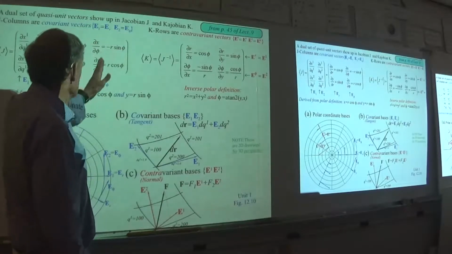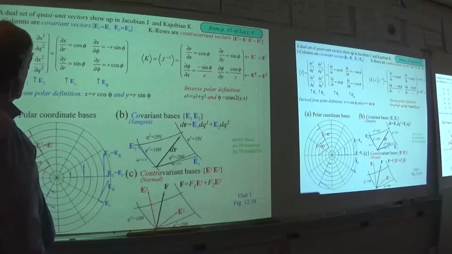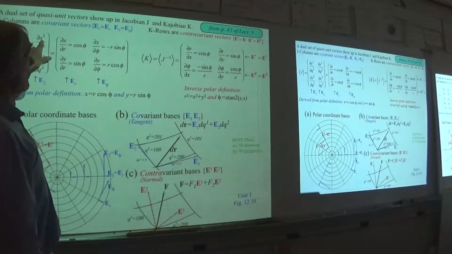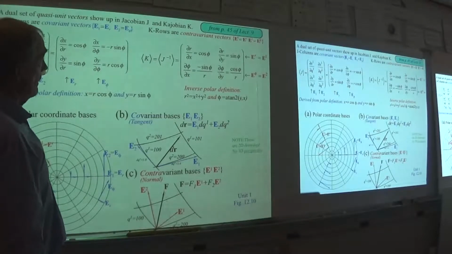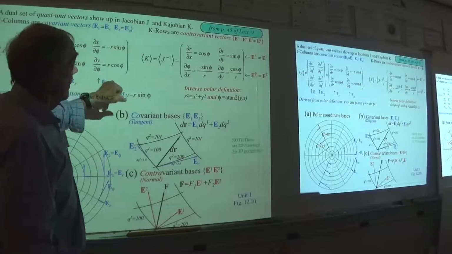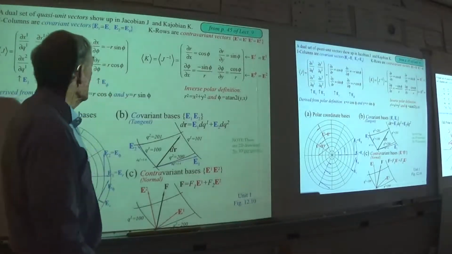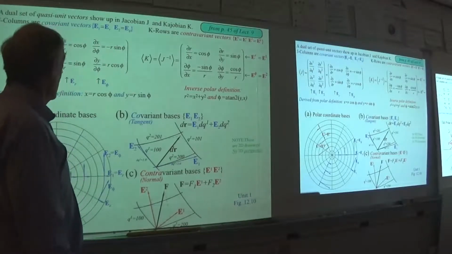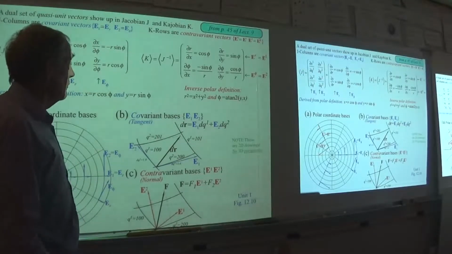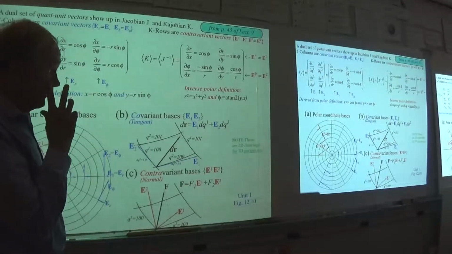Then the columns of the Jacobian, where you have the Cartesian coordinates in the numerator and the curvilinear GCC coordinates, the q's, in the denominator of the derivatives, here they're flipped. And that gives you in each column the covariant vectors.